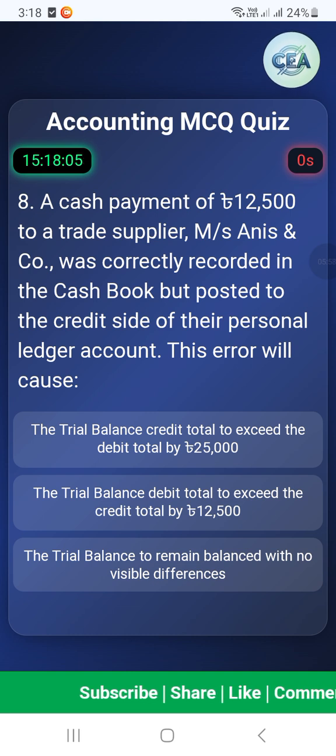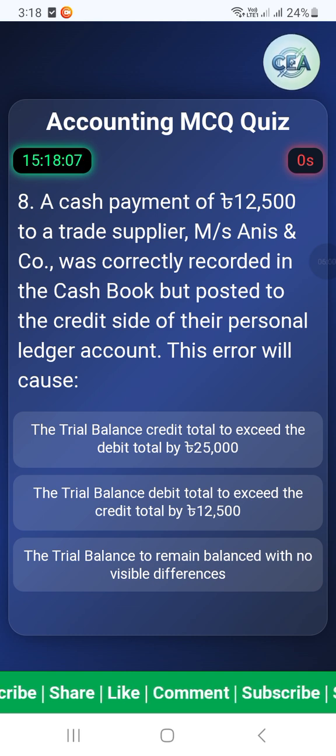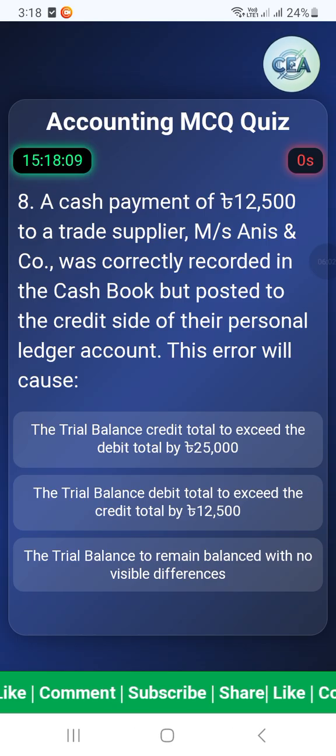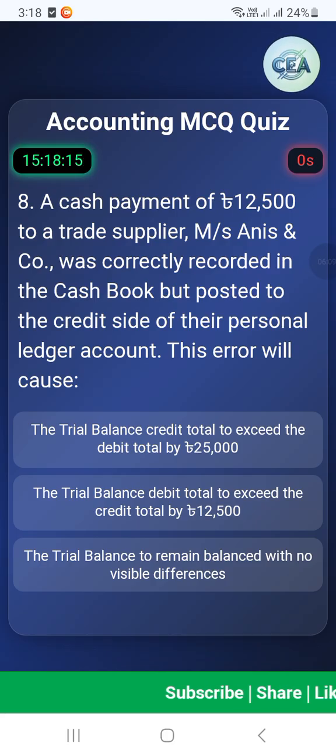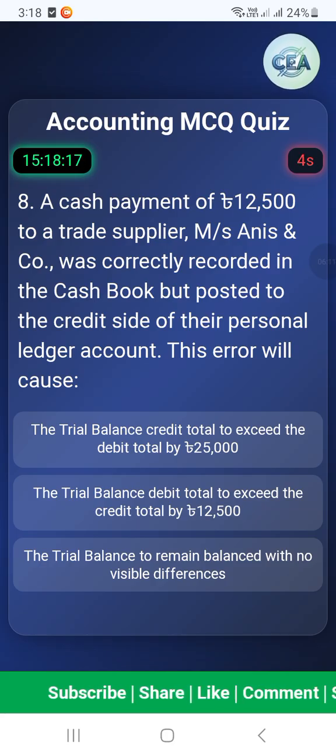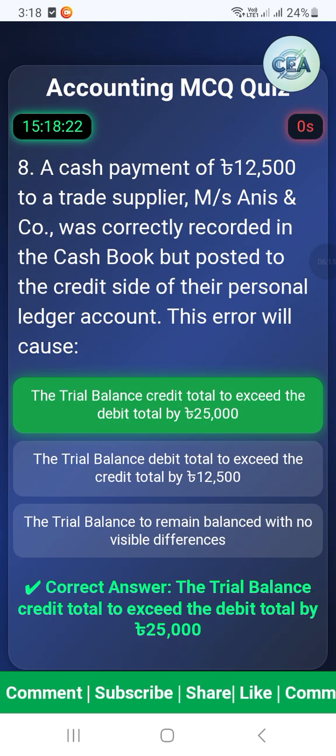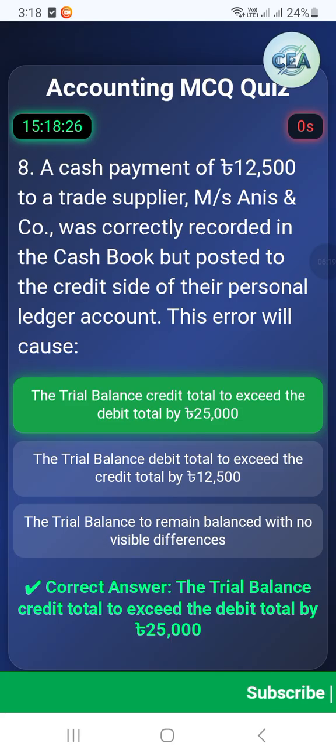The trial balance debit total to exceed the credit total by 12,500 takas. Option 3. The trial balance to remain balanced with no visible differences. Correct answer is the trial balance credit total to exceed the debit total by 25,000 takas.